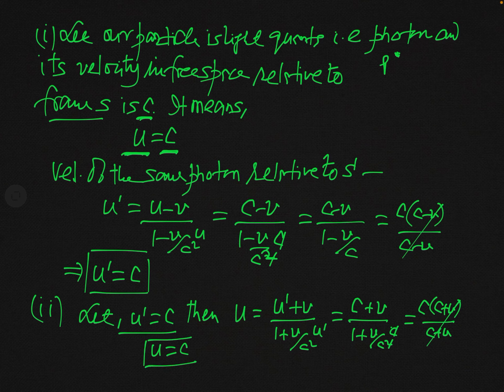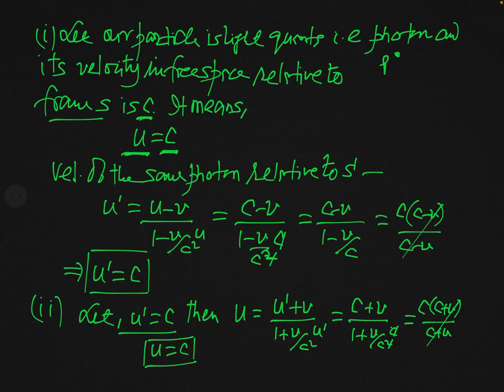So you can see, if we assume that the velocity of light with respect to frame S prime is c in free space, then it is found from this relativistic velocity transformation equation that its velocity is in fact again c with respect to frame S. So what do we conclude from here?